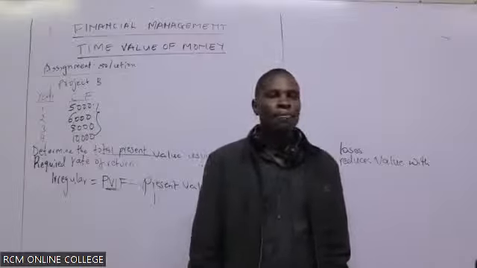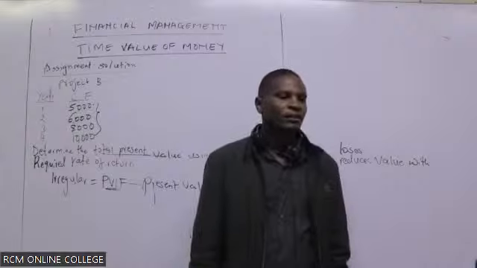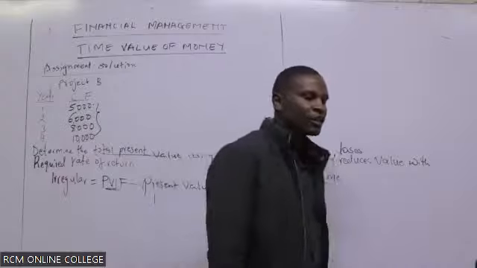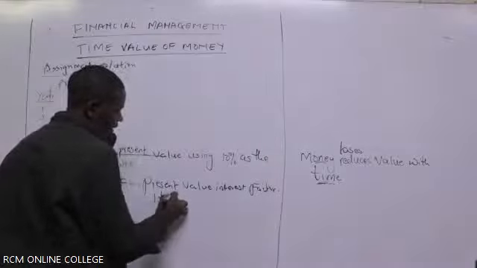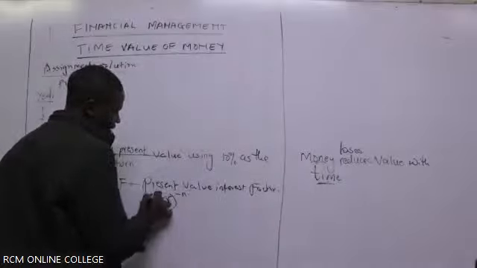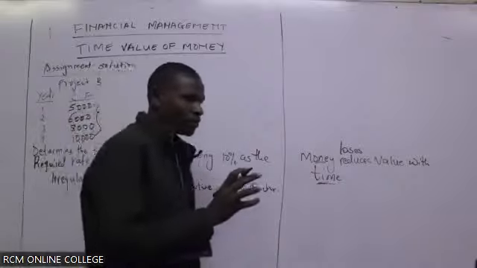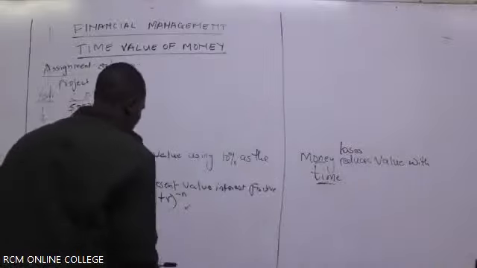We told you: 1 plus R raised to power negative n. Exactly. Class, I told you that this is golden, and it is good to note that this is the formula for getting the PV.